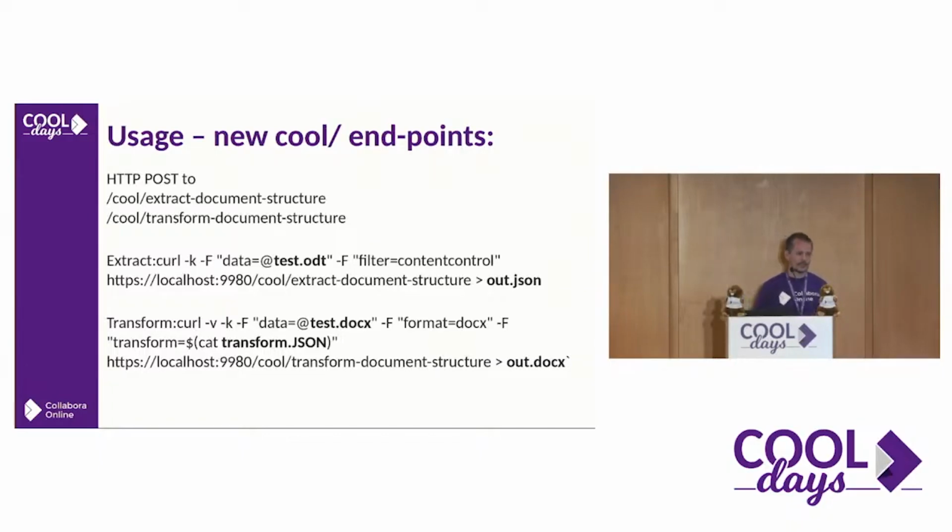For example, the extract results in a JSON structured text, and the transform requires a parameter that is a JSON structured text too, but it has to contain the commands of how to transform the document. Just a side note: the transform can be used to convert the document also, but it may not know all the features that convert-to knows.